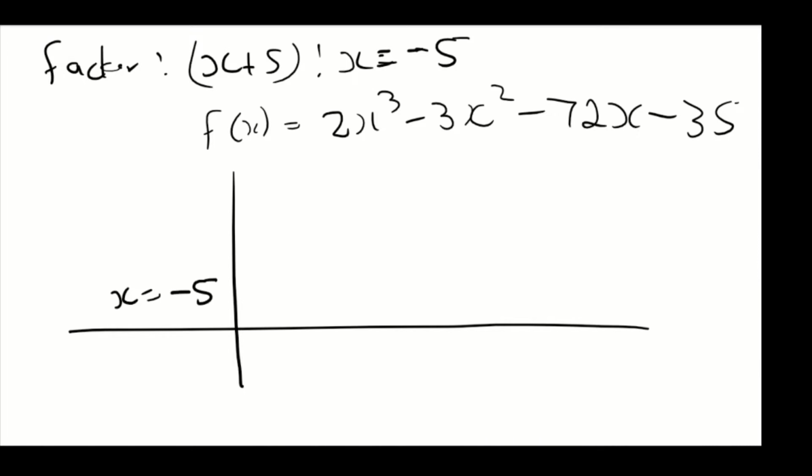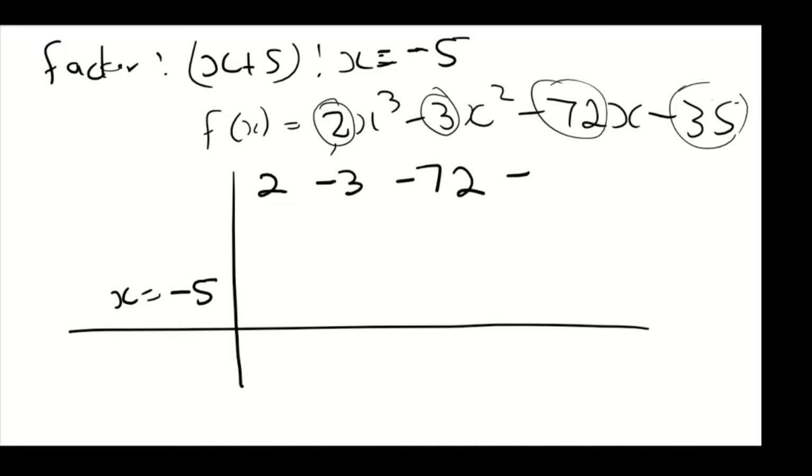Then we're going to write the coefficients. The first coefficient is 2, the second one is minus 3, the third one is minus 72, and then minus 35.